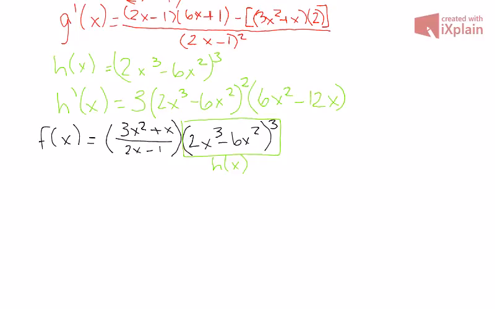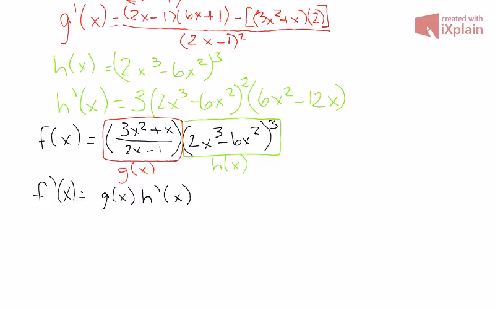And then in red, we had our g of x. So in order to find the derivative of our entire function f prime of x, we need to do the product rule. And that says take your first function, leave it alone, times the derivative of your second function, plus your second function, left alone, times the derivative of your first function.